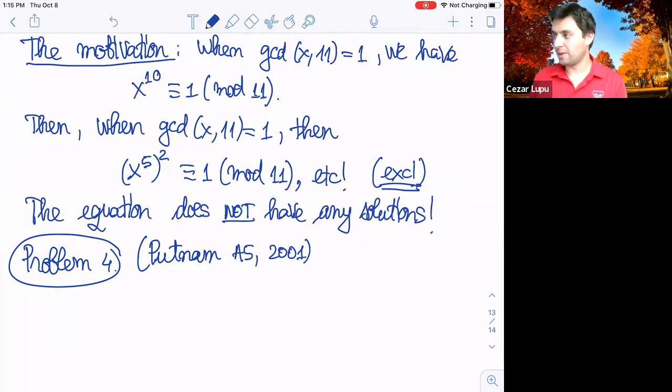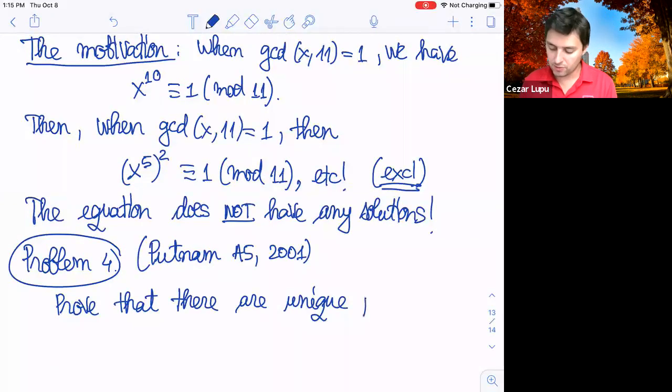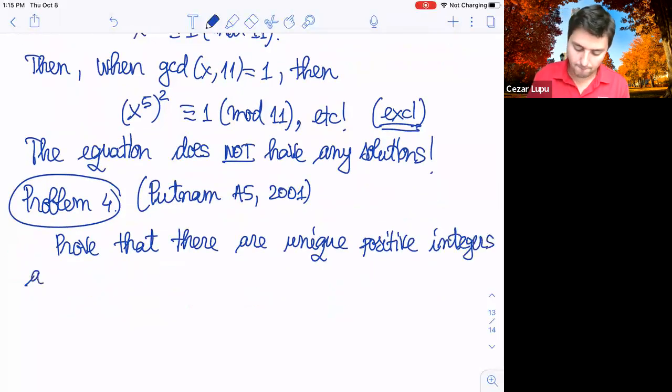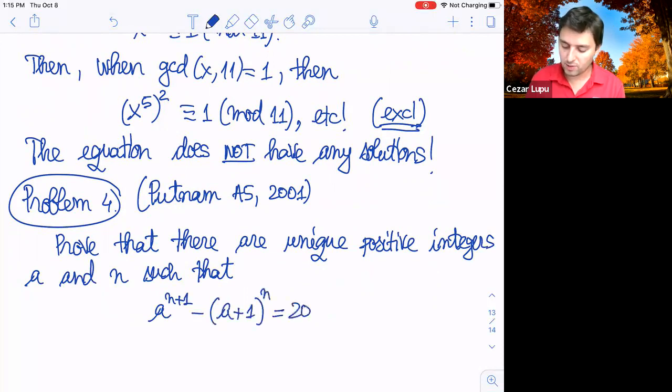So the problem says the following: prove that there are unique positive integers a and n such that a to the power n plus 1 minus (a plus 1) to the power n is 2001.